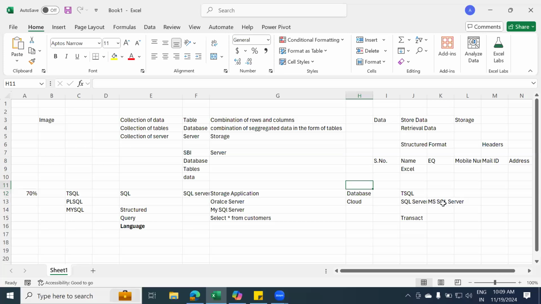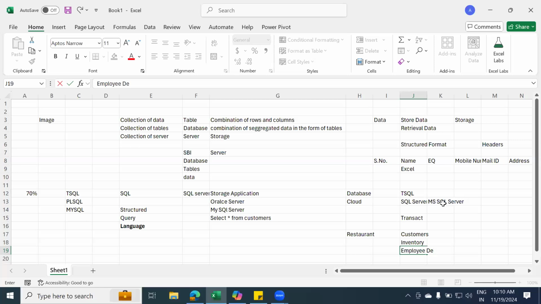So let's come here. For example, let's say I own a small restaurant. These days, most restaurants are operated with either Swiggy or Zomato, and they also have their own applications. Now, let's say I want to store my customers' data, my inventory, my employee details.